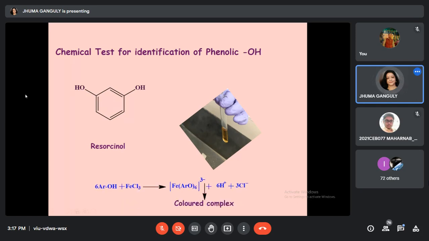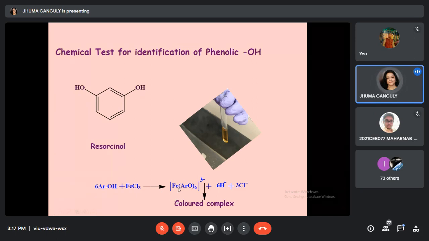So what happened? This is the aryl alcohol, ArOH, represented here. Six molecules react with one FeCl3 and produce one complex anion, [Fe(OAr)6]3-. That is the reason.